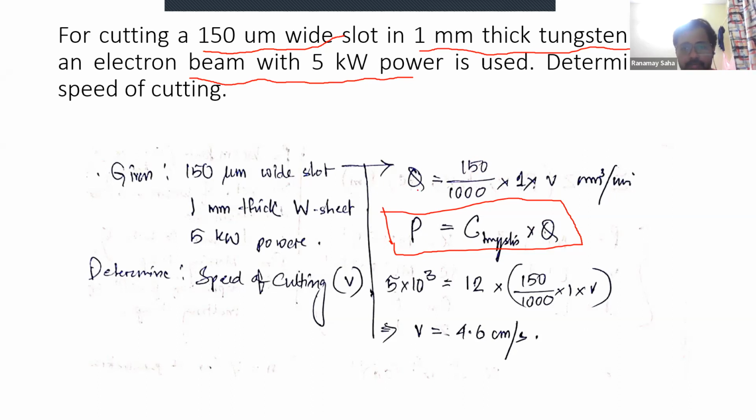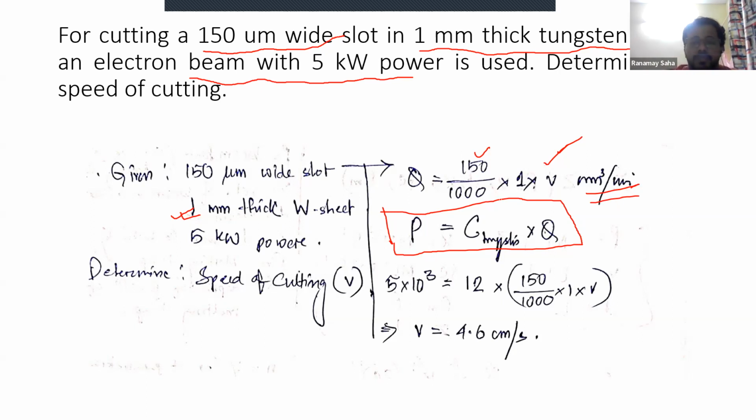You convert this in microns, and after that you have to multiply it by your depth, 1 mm thick. And then your velocity in this whole thing has been taken in mm cube per minute.